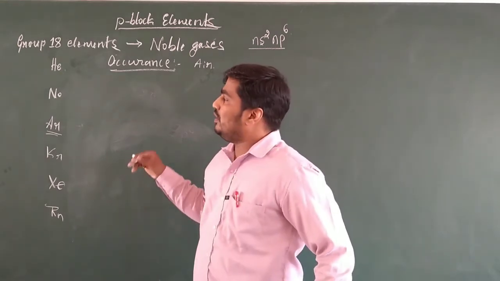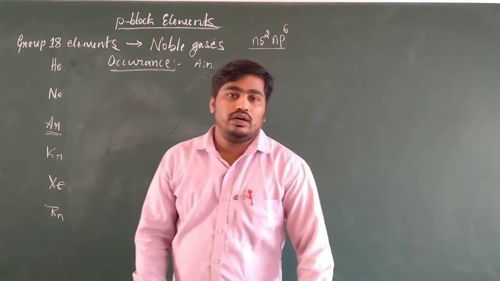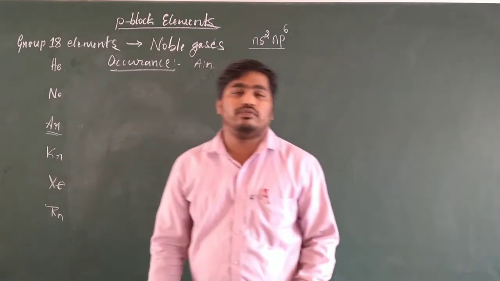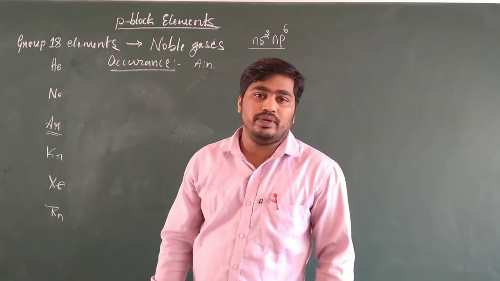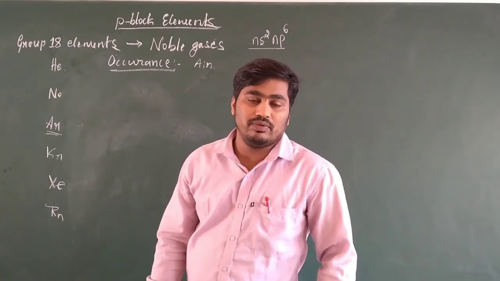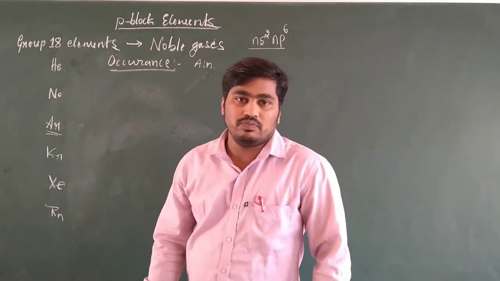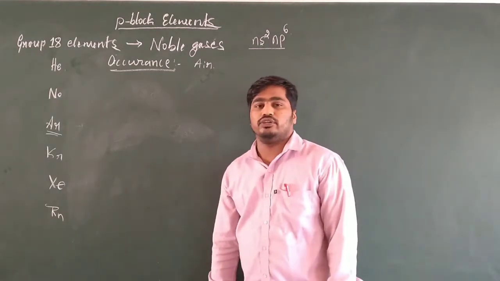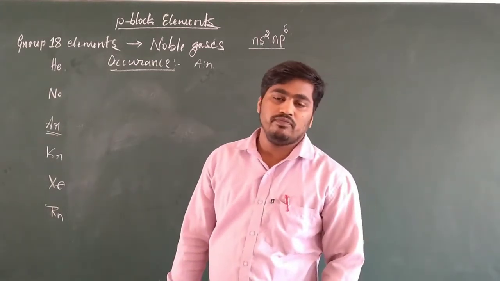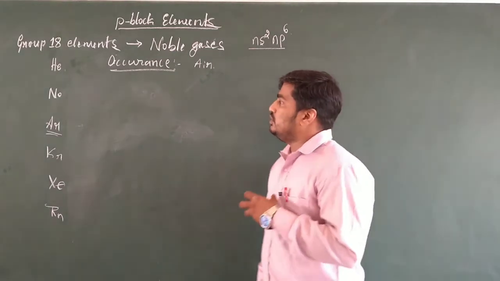It completely depends upon the boiling point of the noble gases. The different gases show different boiling points. Based on the boiling point, we separate the noble gases. The extraction is possible based on the principle of the boiling point of the noble gases. So this is about occurrence.